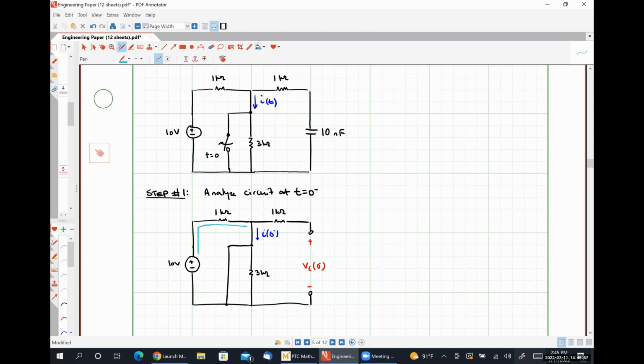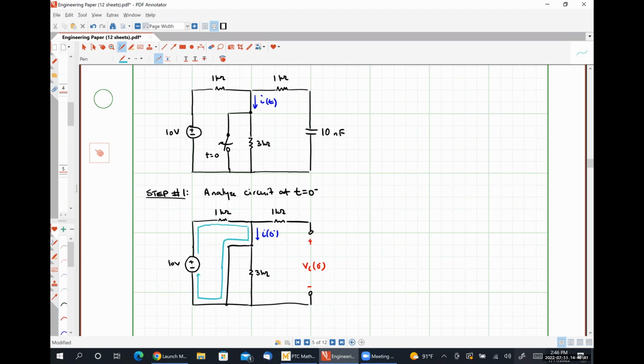None of it can branch off and flow through the 1 kilo ohm resistor to the right, because that resistor is not part of a closed current carrying loop, which means all of that current will turn down. Now the current sees this node in the middle, and it has a choice. It can flow through the short circuit to the left, or it can flow through the 3 kilo ohm resistor. Obviously, it will flow through the short circuit, and then return to the negative terminal of the 10-volt source.